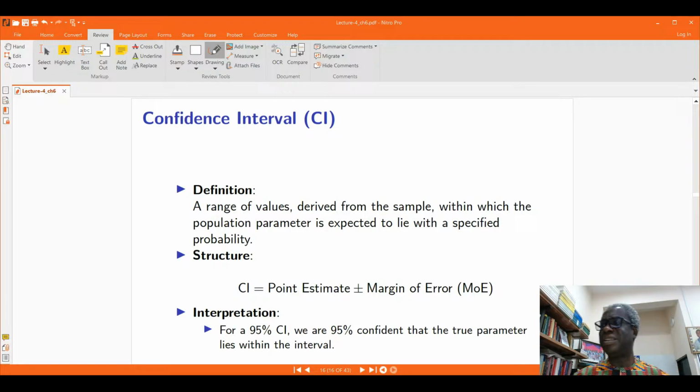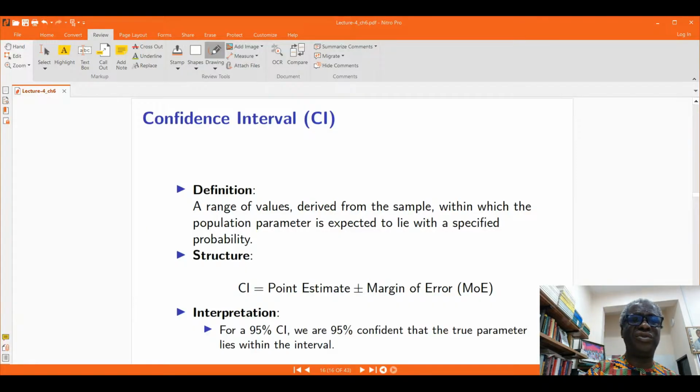So that takes us to how we now compute a confidence interval. We've talked about point estimates, and we now need to compute the confidence interval. By definition, a confidence interval provides a range of values where the population parameter is likely to lie.